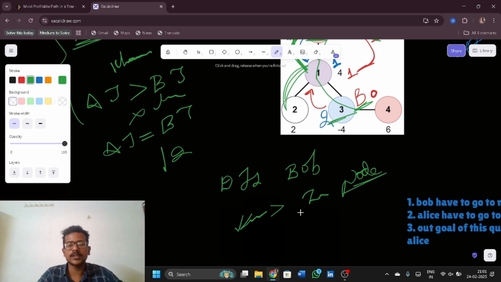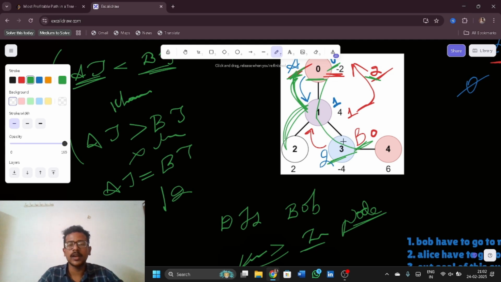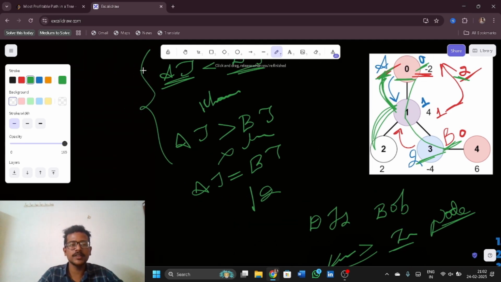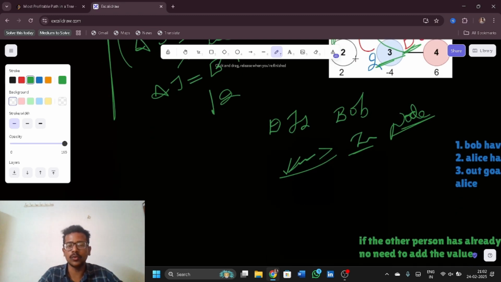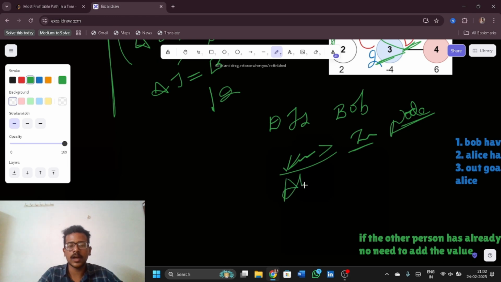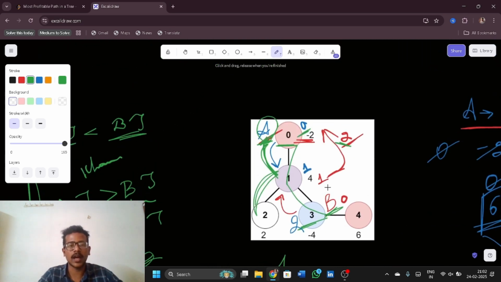The time at which the node is arrived will be stored in a vector of int, and by using these three conditions, I will go through the searching for Alice for a leaf node, and I will return the maximum profit that Alice would make. So give it a try. This is an easy question if you know how to solve this by using a searching algorithm.